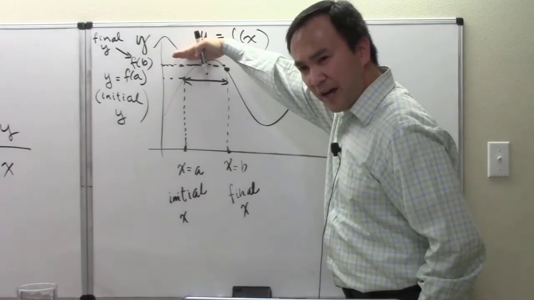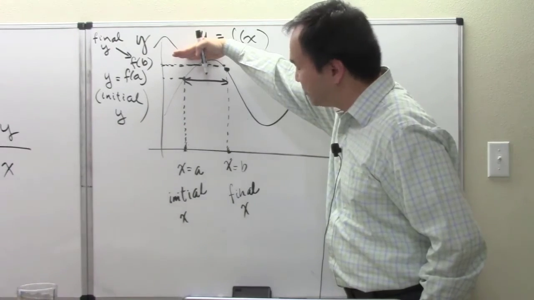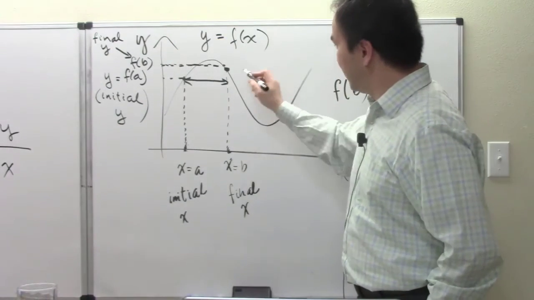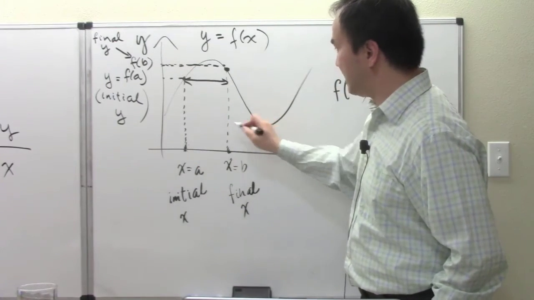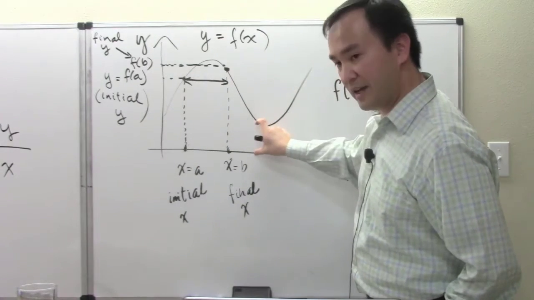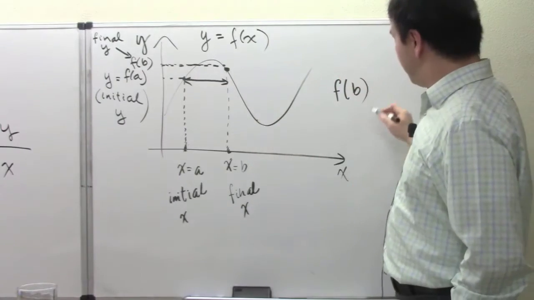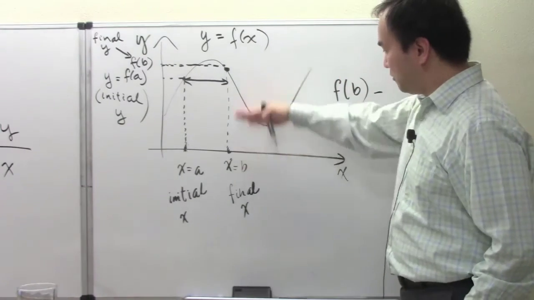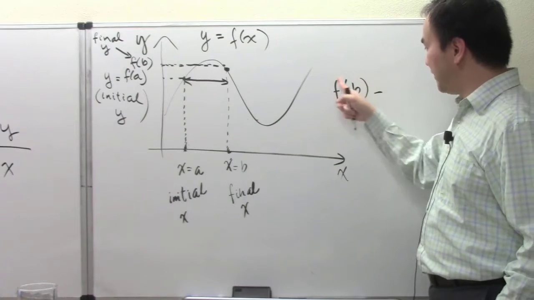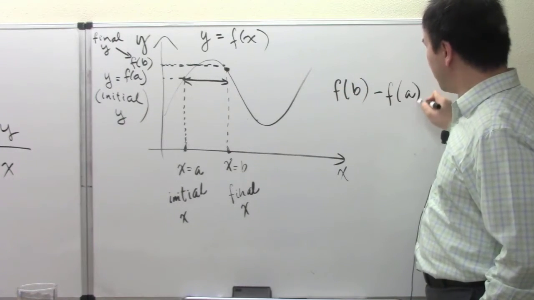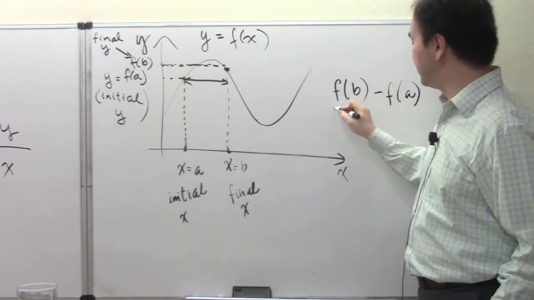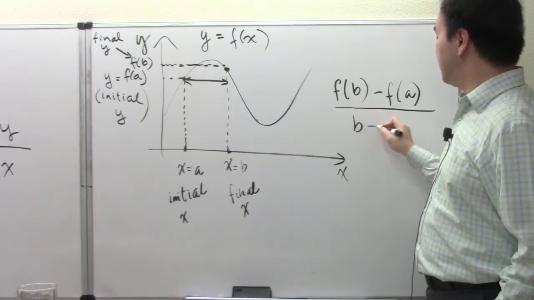I'm not saying that the final y value has to be higher. In a case like this, when a is here and b is here, your graph is getting to a lower value. But the point is: the final function value at b, minus the initial function value when x equals a, divided by b minus a.